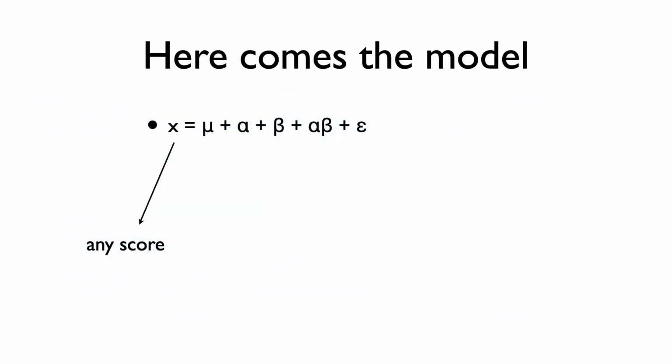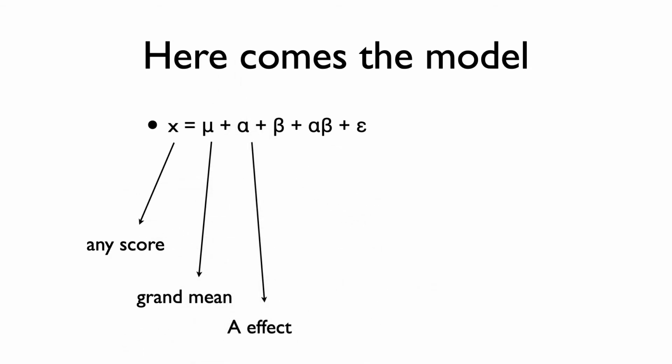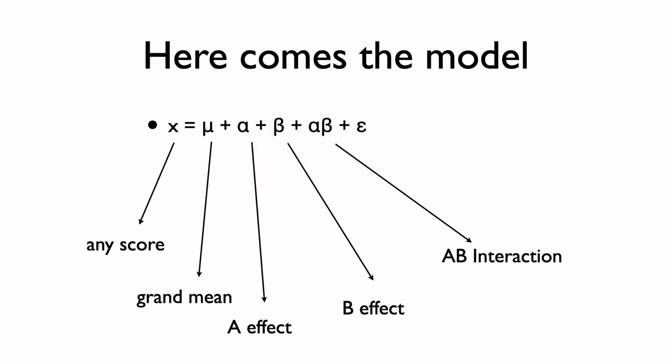So any score is the grand mean plus the effect of A plus the effect of B, because there are 2 variables, plus the AB interaction.